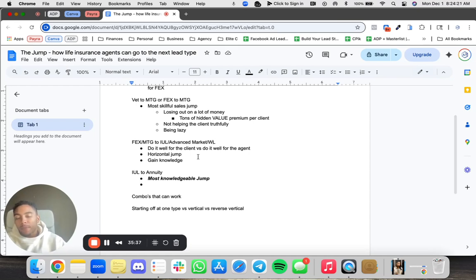Most people jump from filing expense to this. I don't see a lot of mortgage agents jump, but it's typically vice versa. They'll go filing expense, IUL, then go mortgage, because you can sell all through, which, by the way, I didn't say this on the mortgage protection, but theoretically, you can also sell retirement in there, but I broke that down in the video. Back to the point at hand.